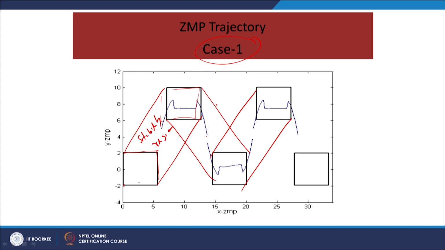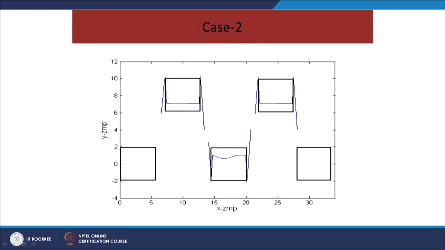The graph of the motion is given by this particular picture, and it shows that the ZMP should lie above the foot during that time interval, but at some position it is going outside.